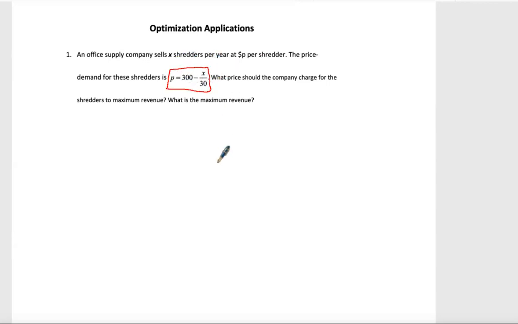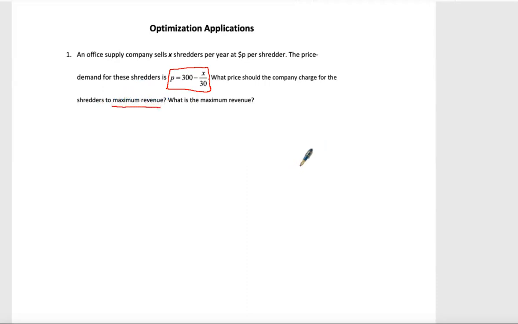If x units are demanded or bought, then the price would be (300 minus x) over 30. So that's the price. So the question is, what price should the company charge? We want to find the value of p to charge for the shredders for maximum revenue.